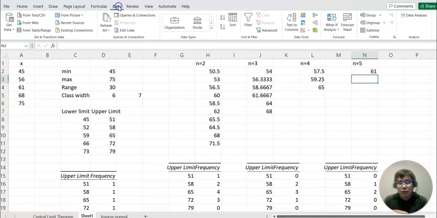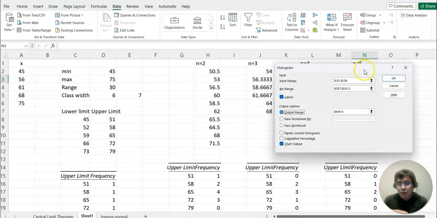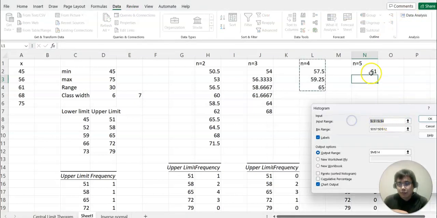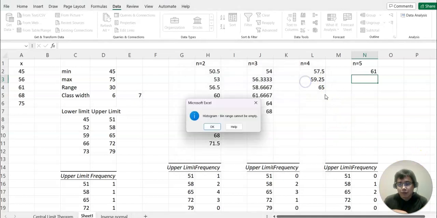Go to data, data analysis, and histogram. Now I'm going to input the data set, which becomes only this one. The bin range is the same, so maybe I input around here. Okay, now it shows that the bin range cannot be empty like that, right?